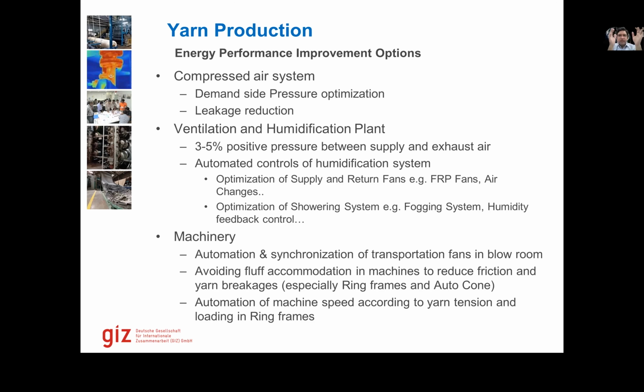So we have to maintain a certain tension in the fiber when it comes from the machine and goes onto the bobbin. To maintain that tension, we also have to maintain the machine speed. So if we can apply variable frequency drives there, measure the tension, and then vary the machine speed accordingly, we will have less yarn breakage, less quality issues, and optimized energy consumption. So these are some of the options that are there.